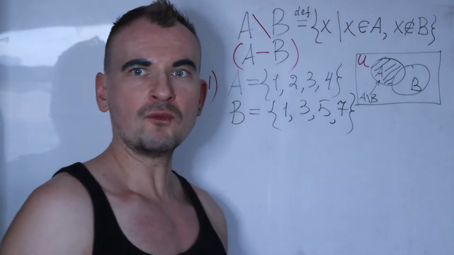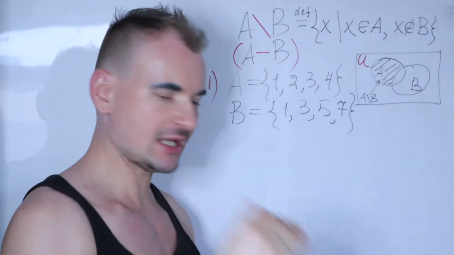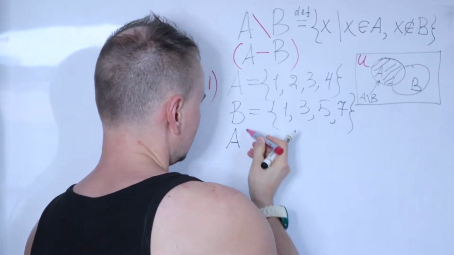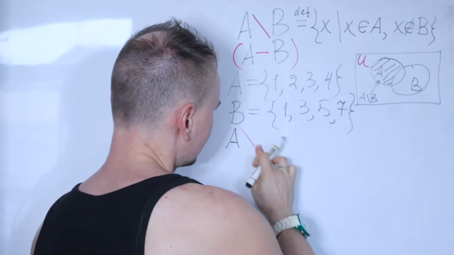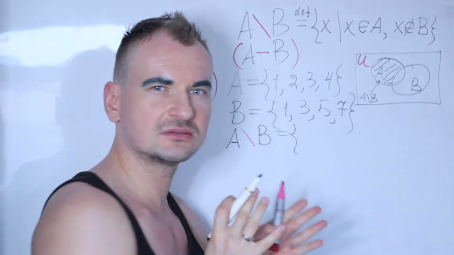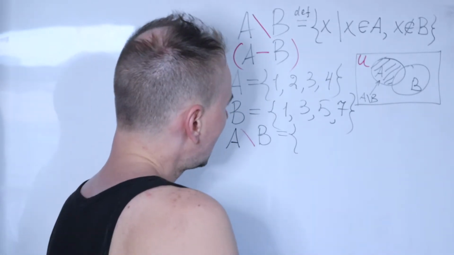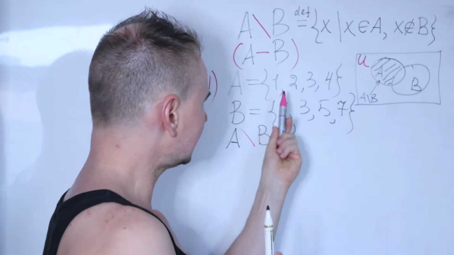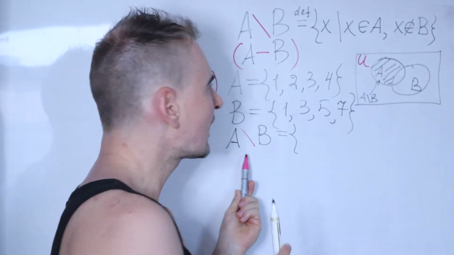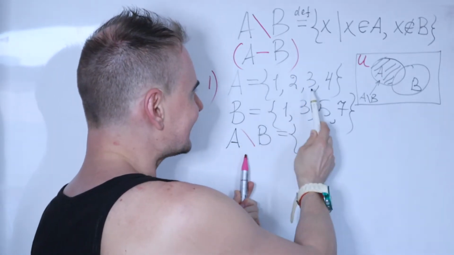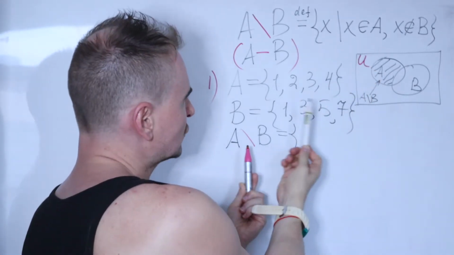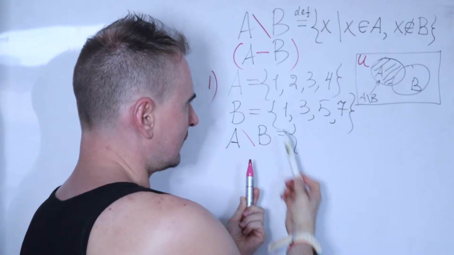Now, what is the difference between A and B? We would simply write A minus B, the difference, or you could use either notation, both are fine. Now look at set A and set B. We're looking for elements which are in set A but not in set B by definition. So let's check all of them.